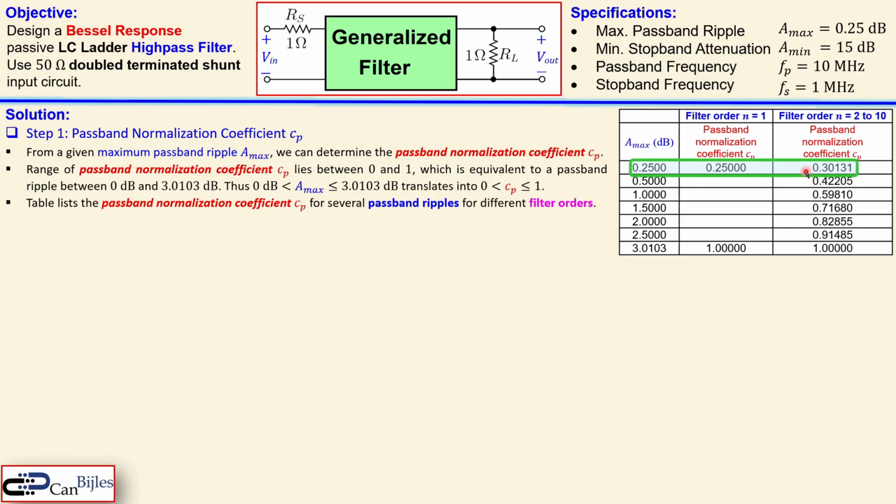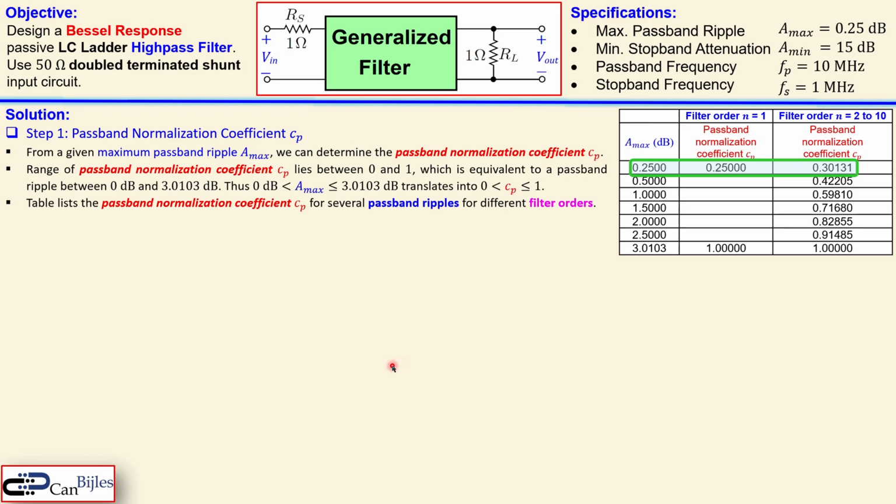So it can be a first order, but it can also be a second order, maybe up to 10th order. It can also be maybe 5th order. So there is not sufficient information at the moment, but we know it must be here, and we need to use the normalization coefficient here, in this case 0.30131, because it is a higher order filter than the first order.